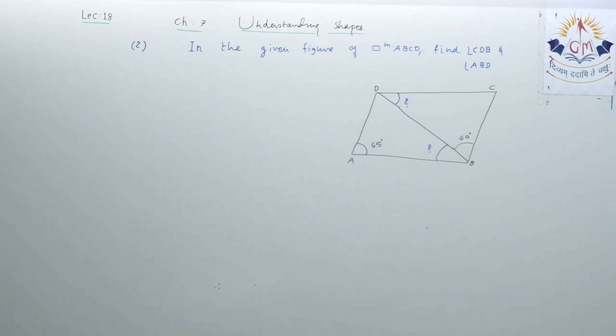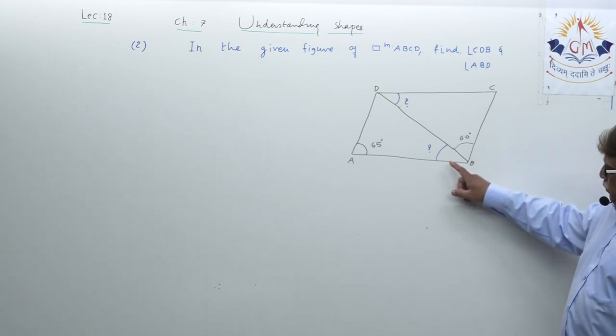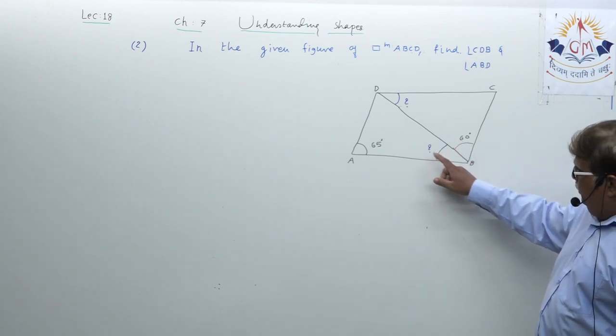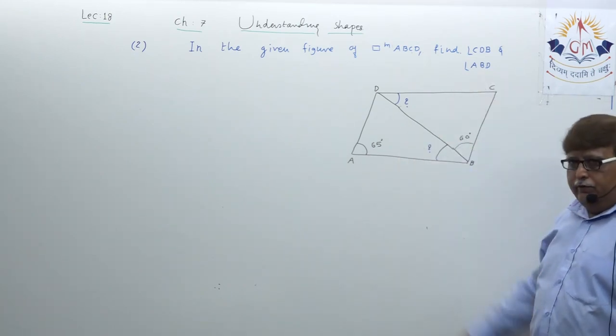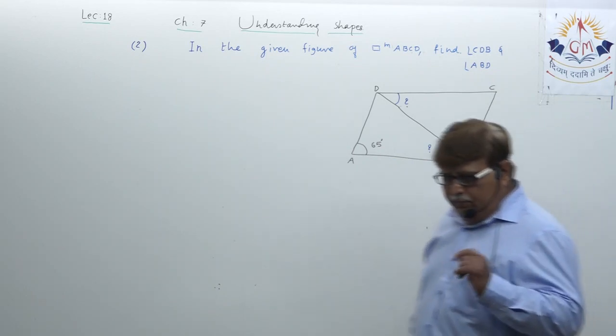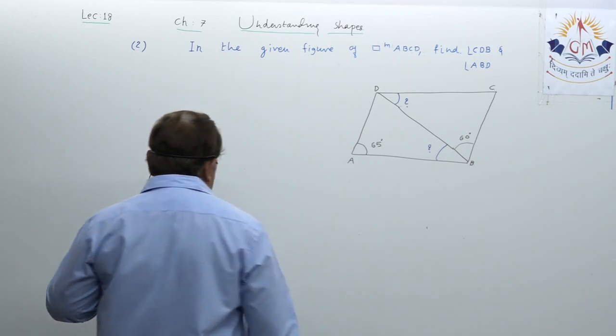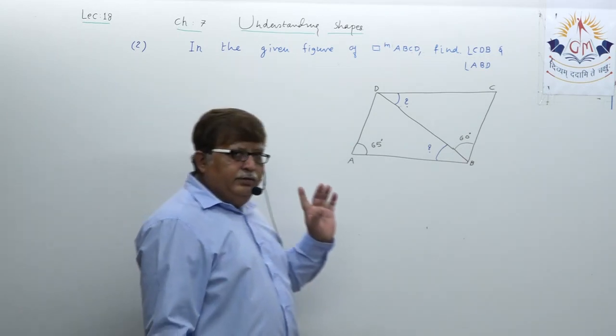Check the properties of parallelogram which you know, and just try to solve this particular example. We are looking for two angles. I have seen students sometimes not able to understand how to name the angle in the given diagram.